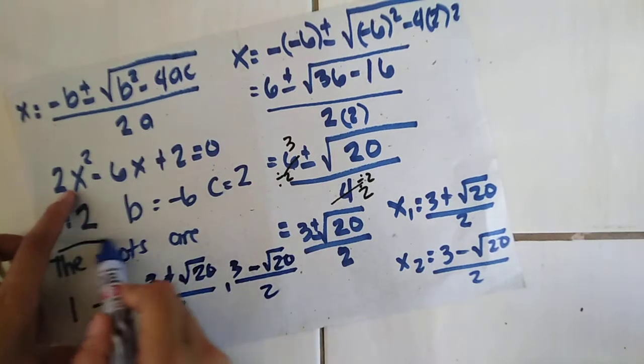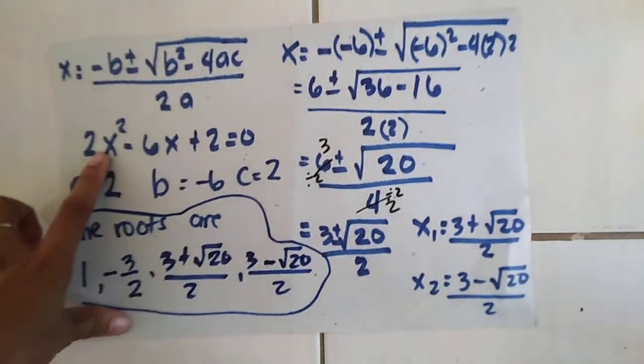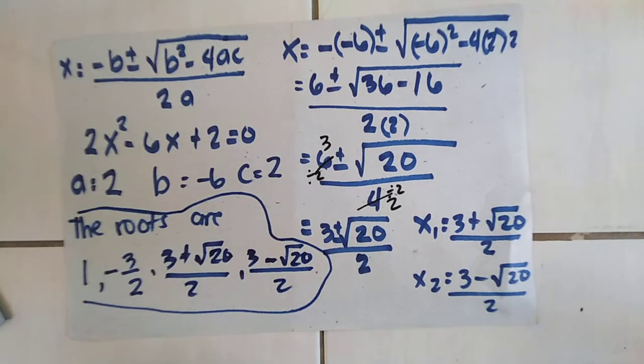Okay, so this is now our answer. The roots are 1, negative 3 halves, 3 plus square root of 20 over 2, and 3 minus square root of 20 over 2.